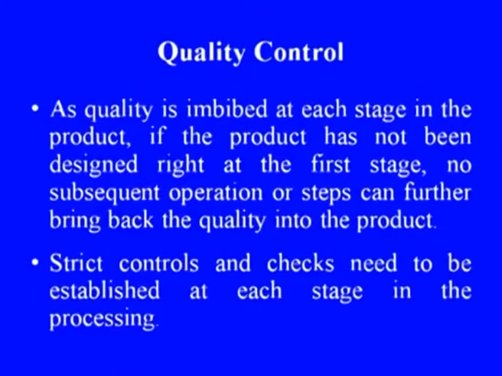Let us move on to quality control. As quality is imbibed at each stage in the product, if the product has not been designed right at the first stage, no subsequent operation or steps can further bring back the quality into the product.